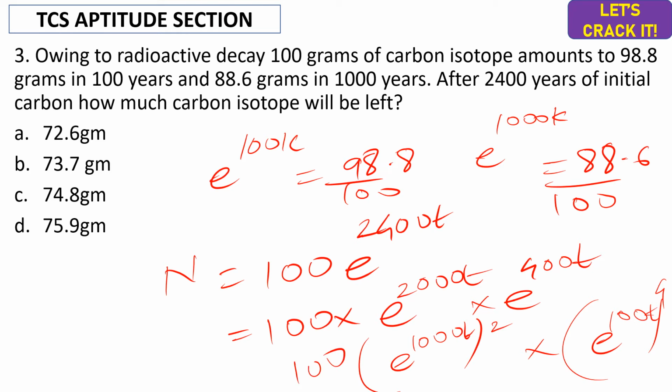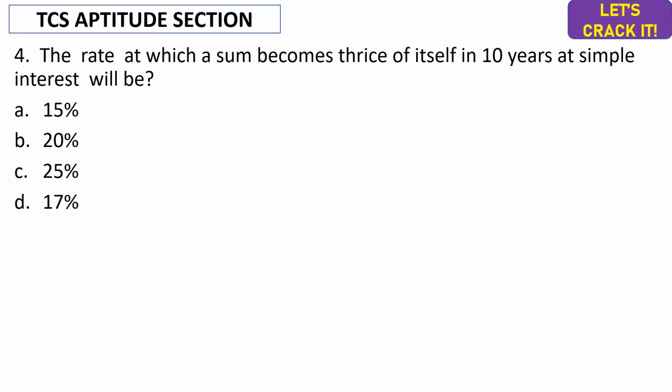You just need to substitute the values of e power 1000k and e power 100k in this equation. You will be getting the answer as 74.8.